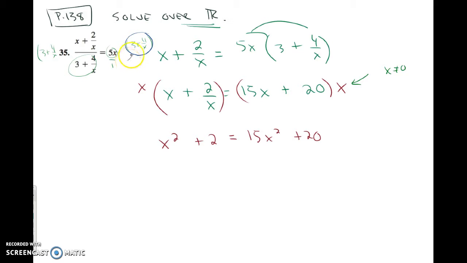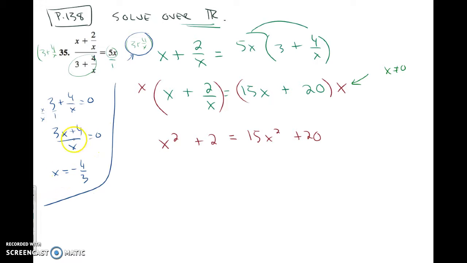In order to know that, when is 3 plus 4 over x equal to 0? When x is equal to negative 4/3. So that's a little tricky, right? At the end, my restrictions are these two, so as long as my solutions aren't those two things, I'm going to be okay. Usually you're okay, but you never know.